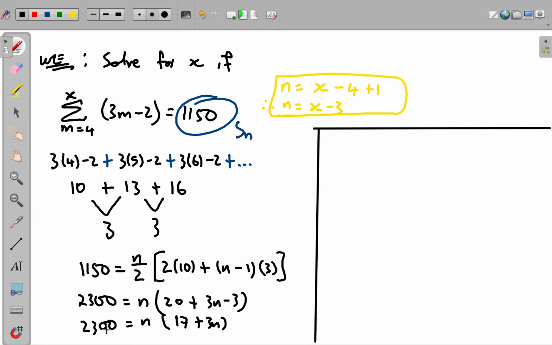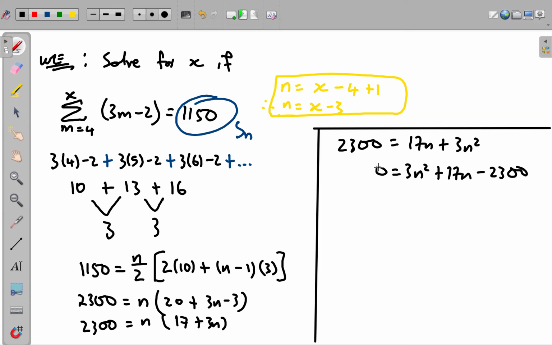So now I'll have a quadratic equation. 2,300 is equal to 17n plus, watch this, 3n squared. I will work on the right-hand side. And then this is minus 2,300. So 0 is equal to that.